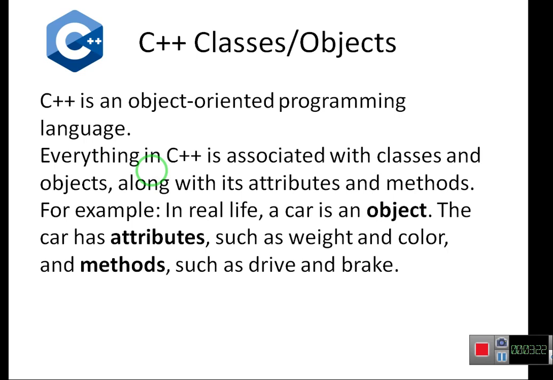That is why we are saying everything. Understand? Take the example, in real life a car is an object. The car has attributes such as weight and color, and methods such as drive and brake.